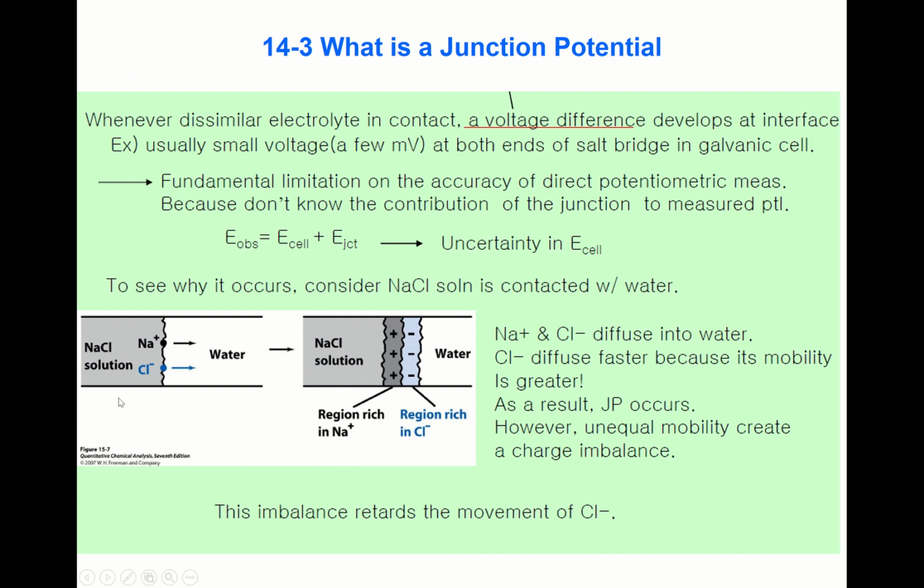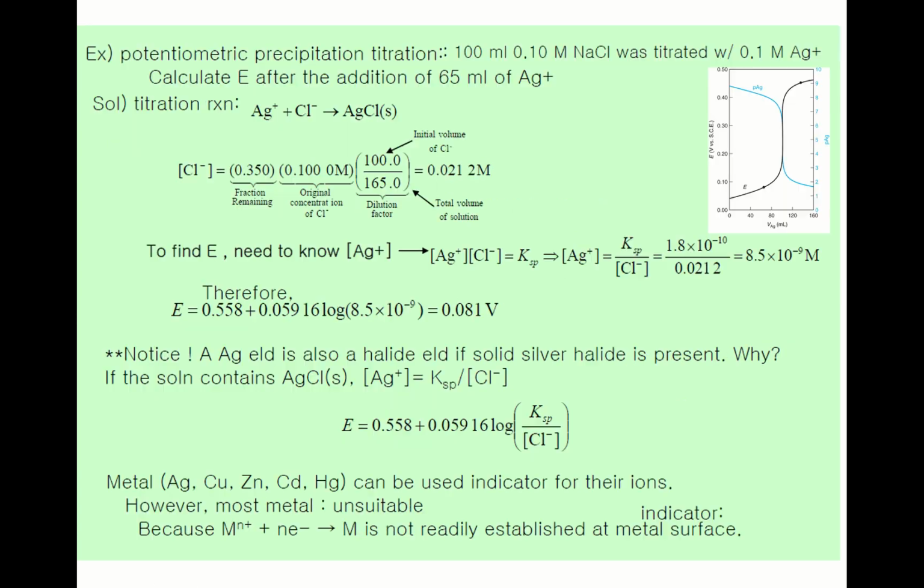If the mobilities of chloride ion and sodium ion were the same, there would be no segregated ion layer, right? So the idea to minimize the junction potential is to use ions with the same mobility.